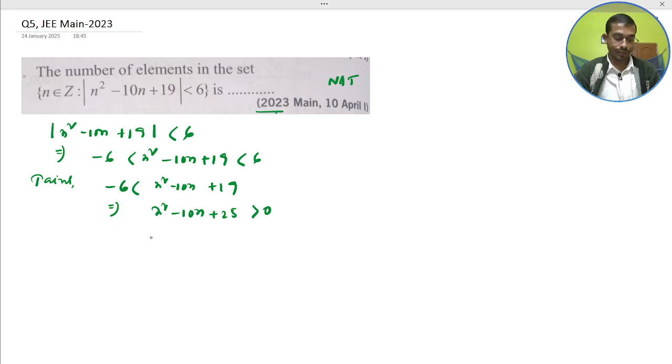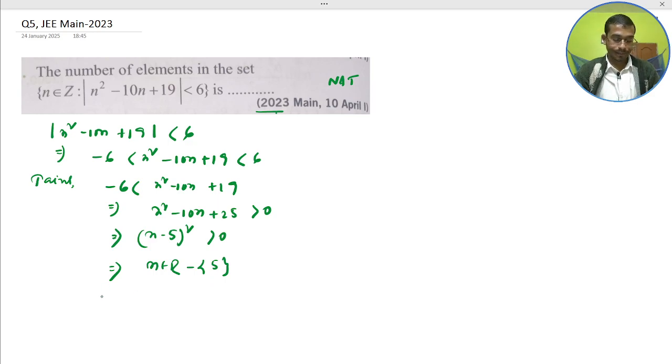So this is whole square format, n minus 5 whole square greater than 0, that implies n belongs to R minus 5.